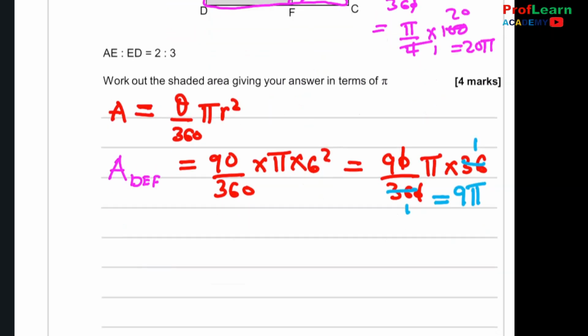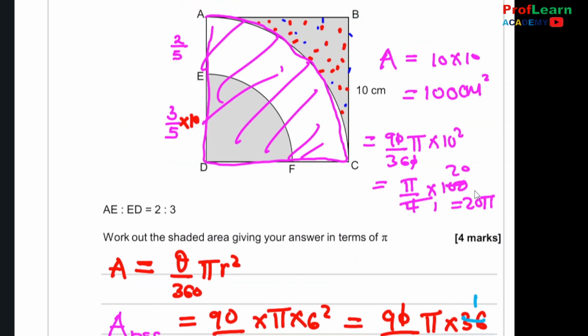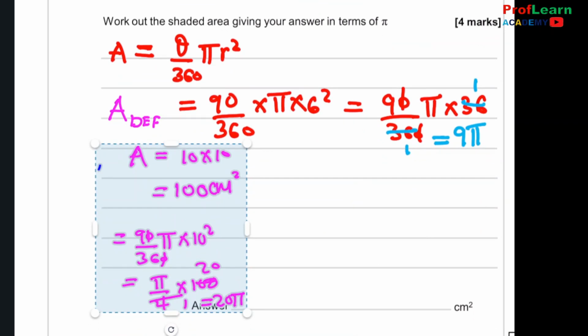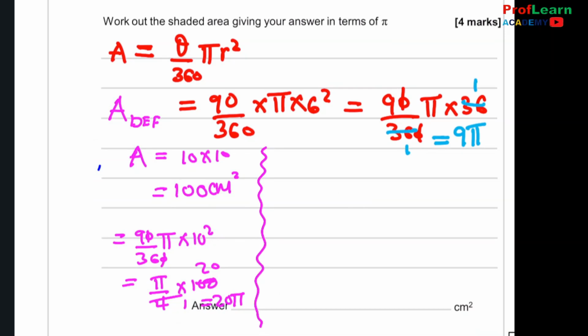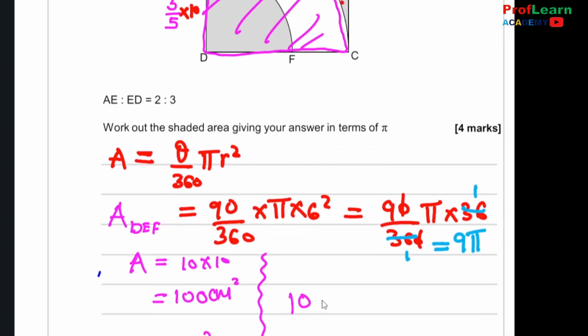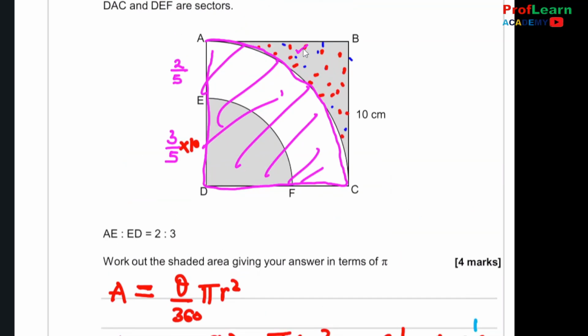So which means that the area of the sector is 20 pi and the area of the square is 100, so that we can be able to work out the shaded part. This is going to be 100 minus 20 pi, and that will be the area of this section that we have here. Let me remove this part so that you know the part I'm talking about.